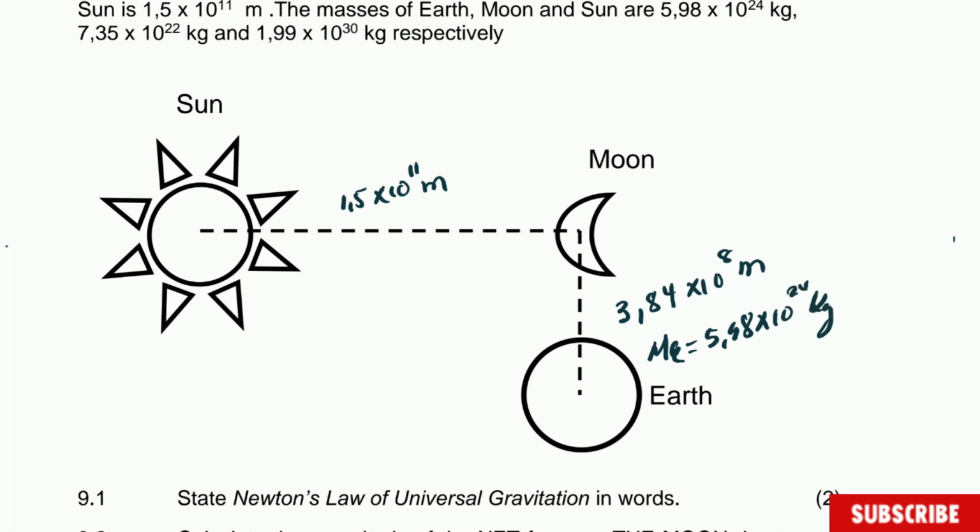The mass of the moon is equal to 7,35 times 10 to the 22 kilograms, and the mass of the sun is equal to 1,99 times 10 to the 30 kilograms respectively. So you have all the data, you have all the masses, you have all the distances.